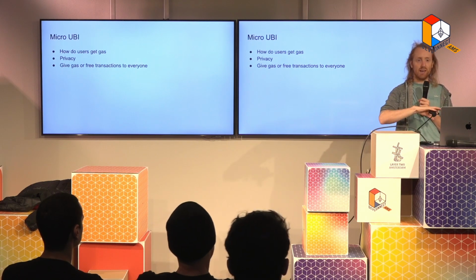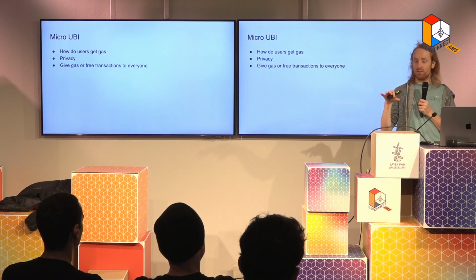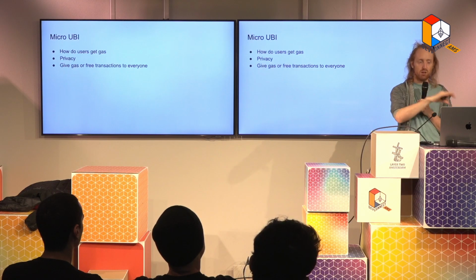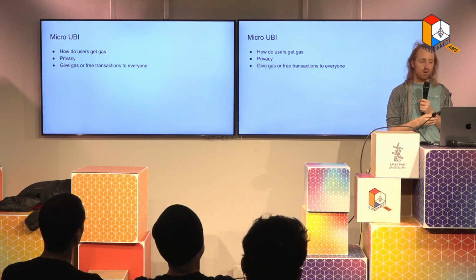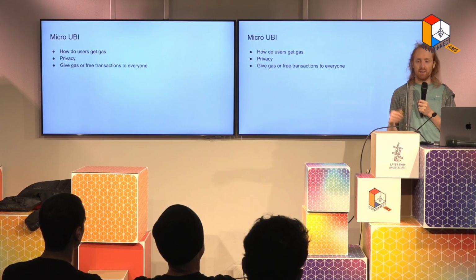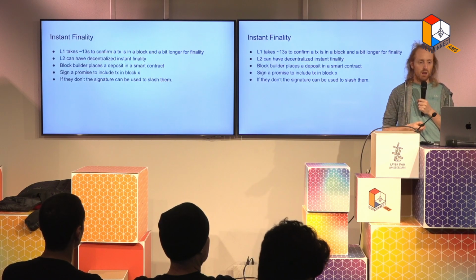So we're able to use some kind of Semaphore proof or ZKPs to break the connection between the user, the Twitter accounts and the actual transactions that are being made. This is another way that we can give free transactions to users, and it's a way for us to grow the set of people who are able to use L2 and make transactions there. Cool.